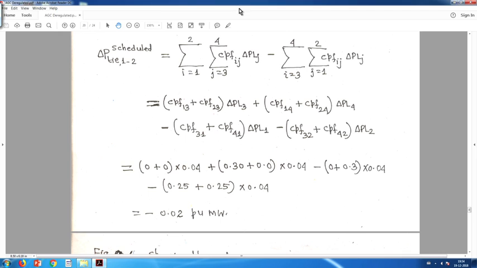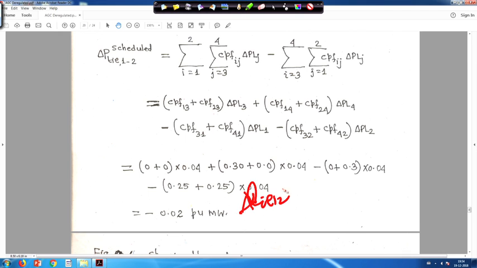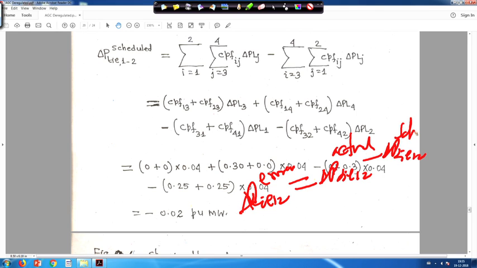So, we know that delta P tie 1-2 error is equal to delta P tie 1-2 actual minus delta P tie 1-2 schedule. But at steady state, delta P tie error has to be 0.